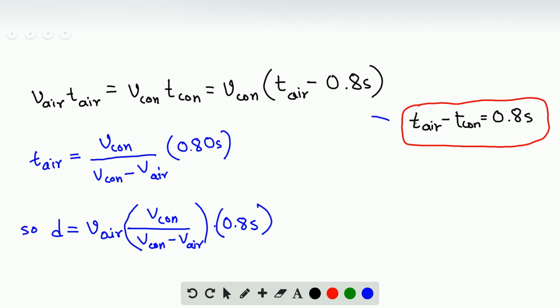That simply says that the time in air should be greater than the time in concrete, and as they are separated by 0.8 seconds, we'll have T air minus T concrete equals 0.8 seconds.